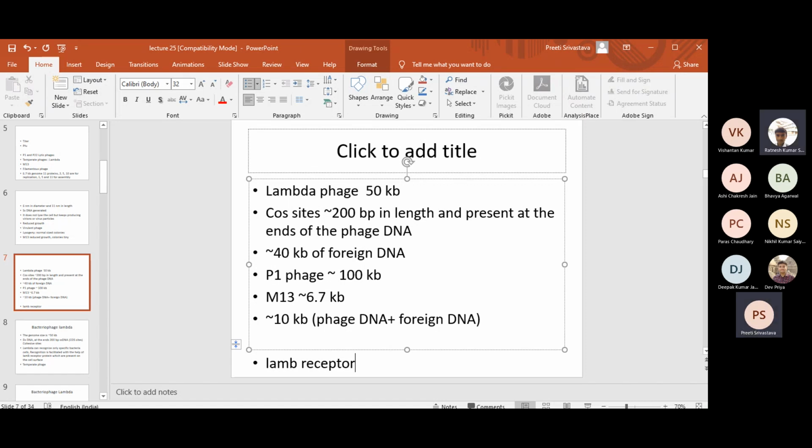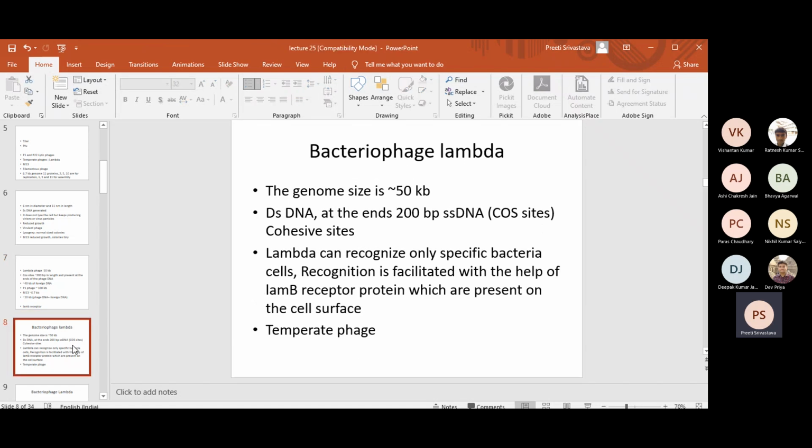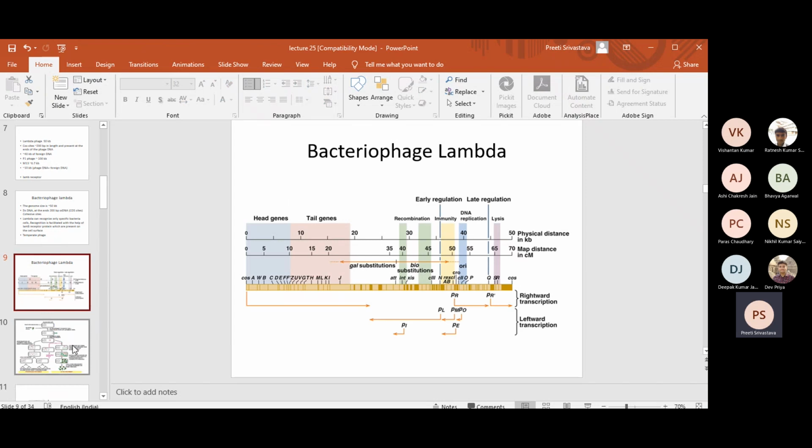So before we go to transduction, this is the typical genome of lambda phage. You see that there are genes for the coat proteins, the head genes, the tail genes.